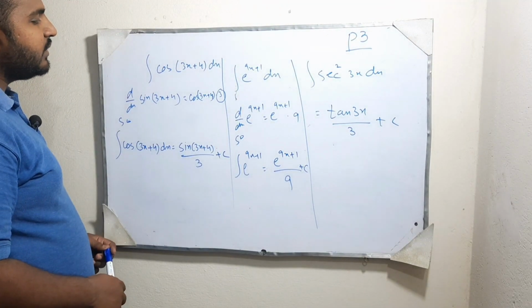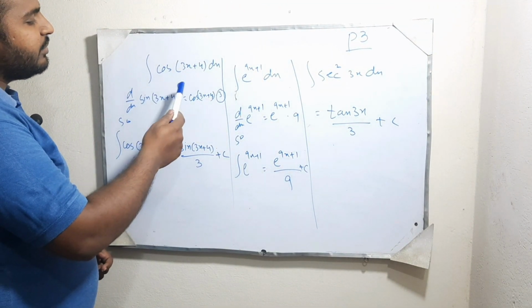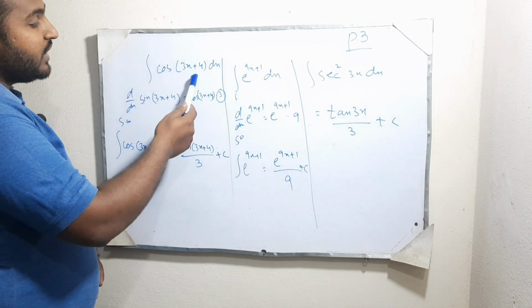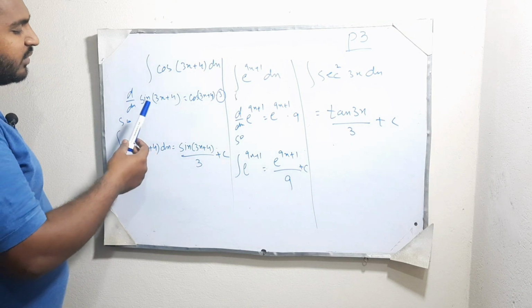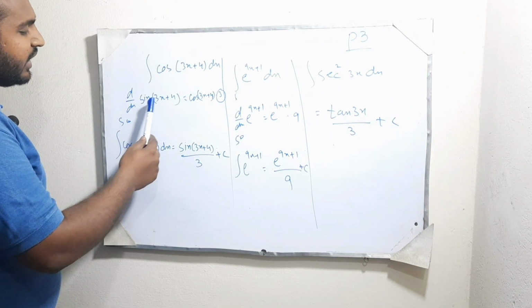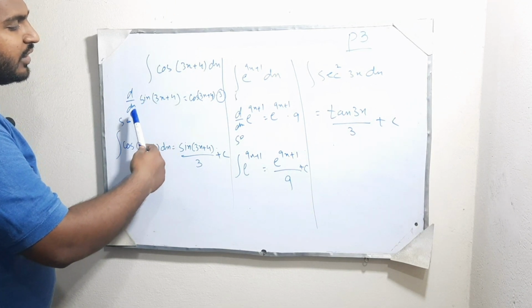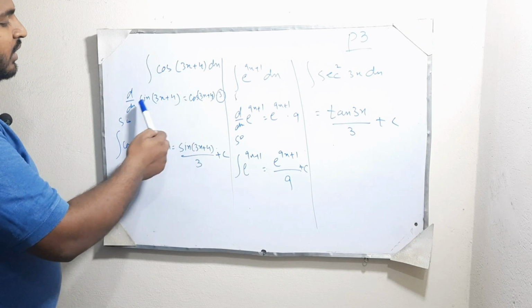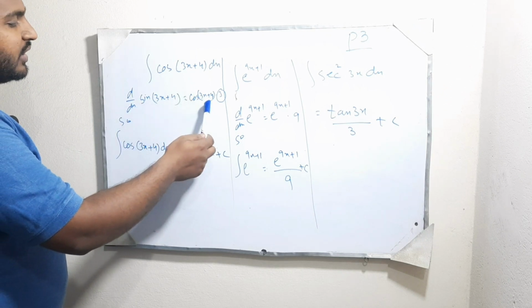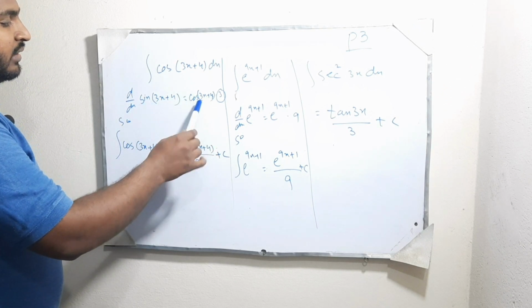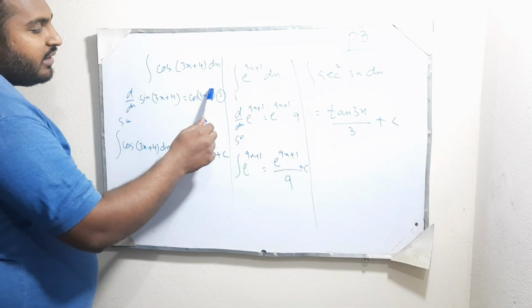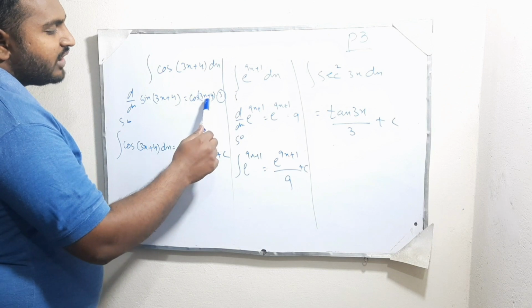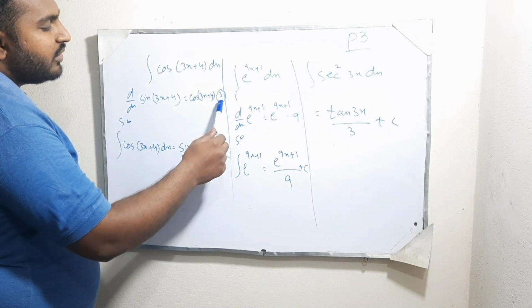Now we will discuss the integration of an expression like cos of 3x plus 4. We have seen in the derivative portion that the derivative of sine of 3x plus 4 would turn out to be cos 3x plus 4. The expression would come like it, and then again the derivative of this whole expression 3x plus 4 would turn out to be 3.